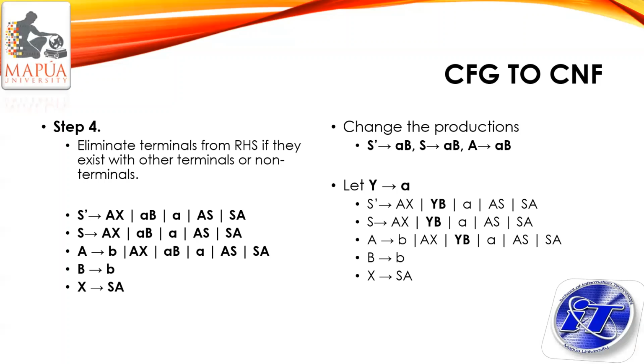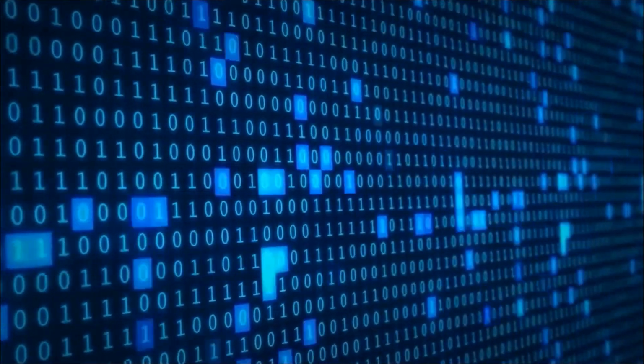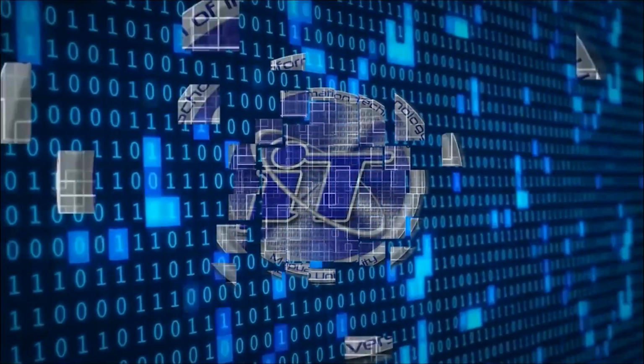So everything follows that rule. And last would be a non-terminal yields to a terminal symbol. So we also follow that rule. So therefore, this is the CNF equivalent of the CFG. Okay.